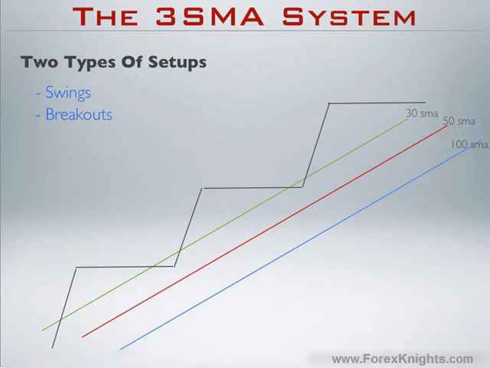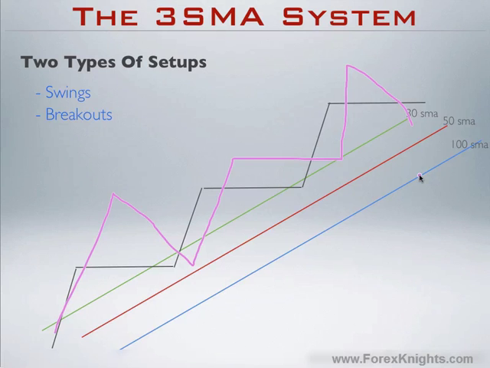Both of them are equally profitable. Both of them are equally valid, and what's more important, you will find both of them on any trending price action. In fact, you can find combinations of them. You may find one swing with a typical pullback, then a swing and a congestion, then a swing and a pullback, and so on and so forth.